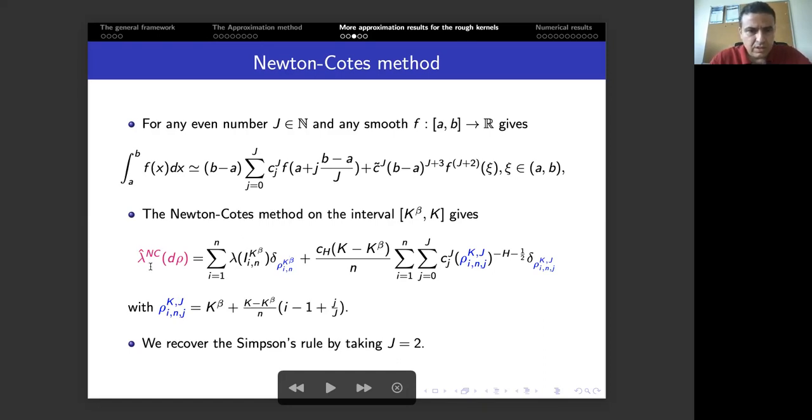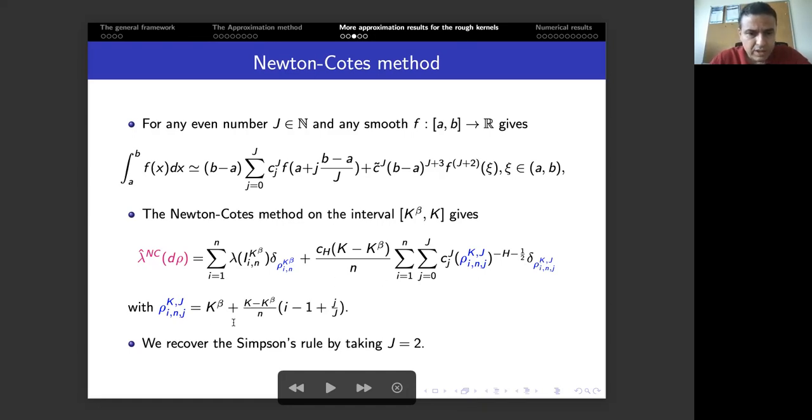So in this case, the lambda hat Newton-Cotes rewrites in this form. We have the first part, which is based on the Riemann approximation on the interval 0 to k to the power beta, and we have the approximation based on G plus 1 points now, using these new rho I weights.